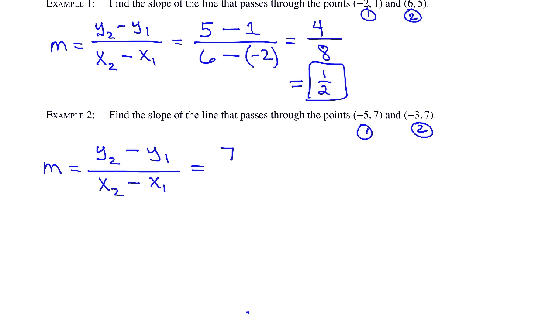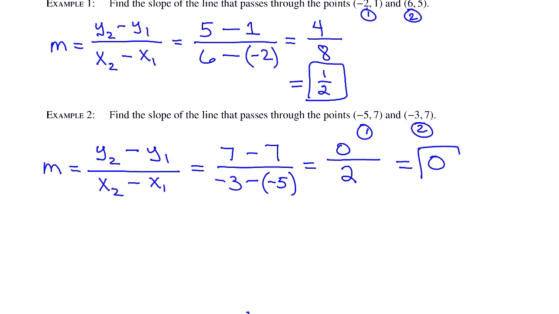This is equal to 7 minus 7 over negative 3 minus negative 5. 7 minus 7 is 0. Negative 3 minus negative 5 is positive 2. And then 0 divided by 2 is 0. So this one works out, and the slope is 0.